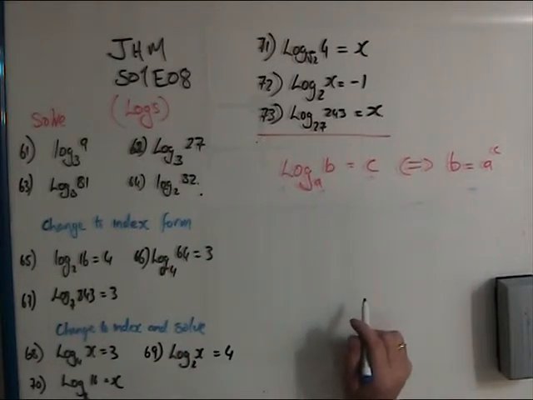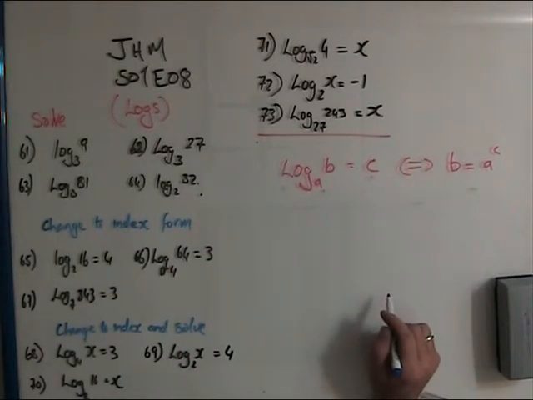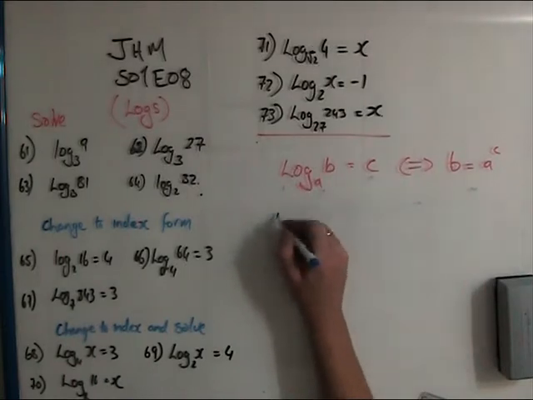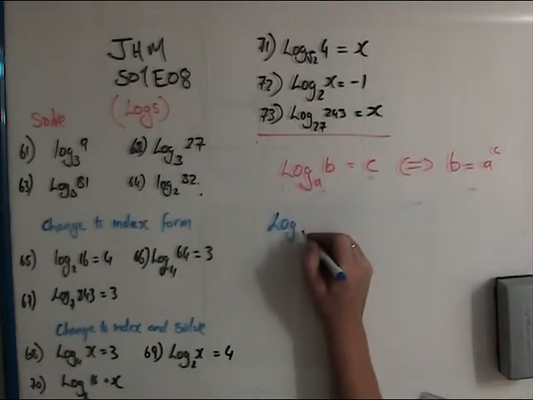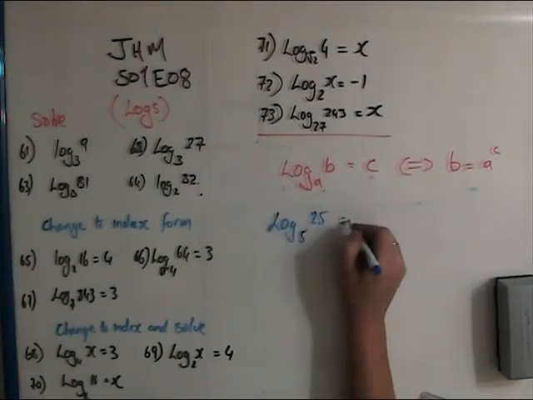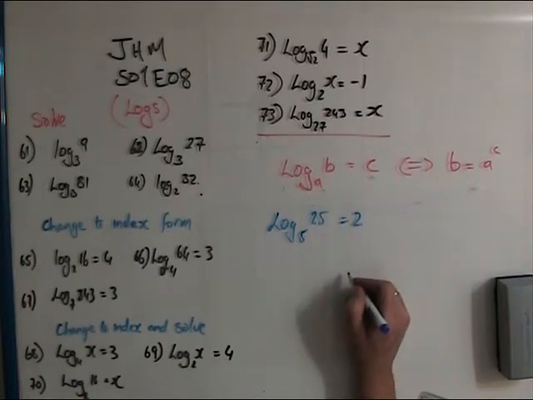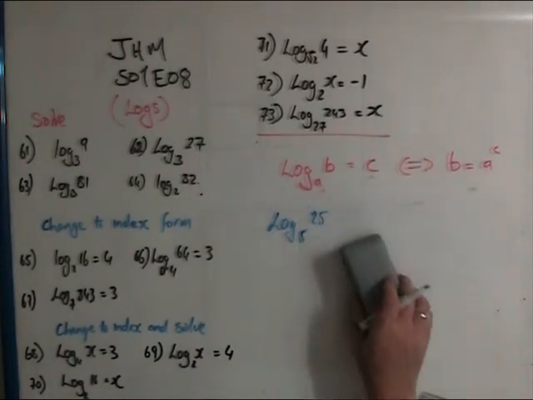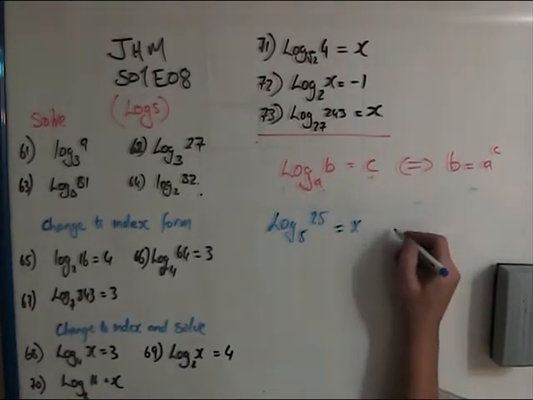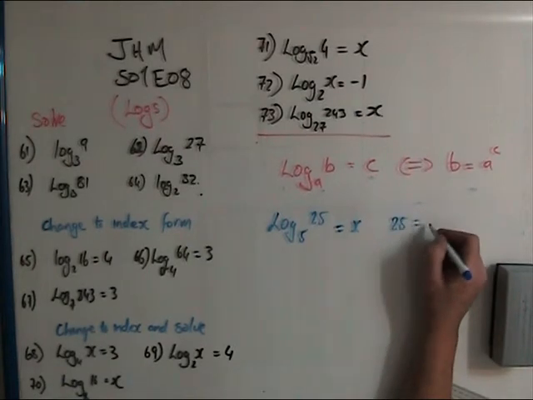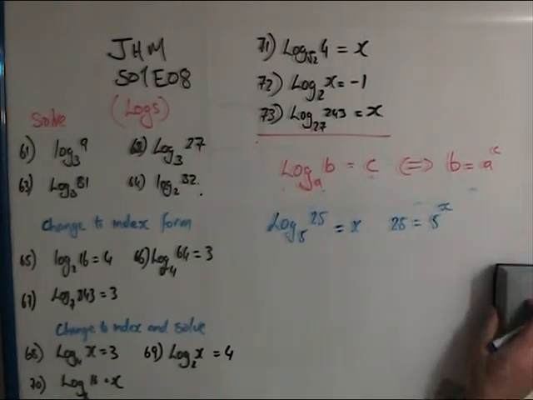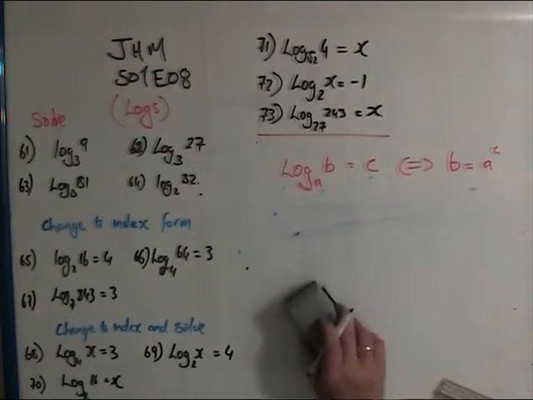Change each to the index form. So it's 25, the same again, is equal to 5 to the power of x, 5 to the power of 2. That's pretty simple again.